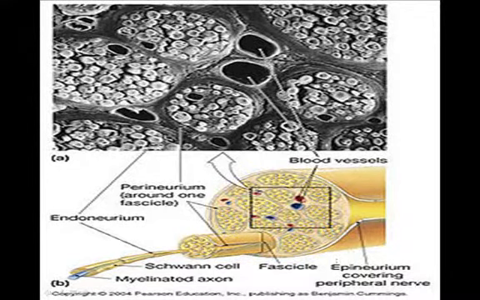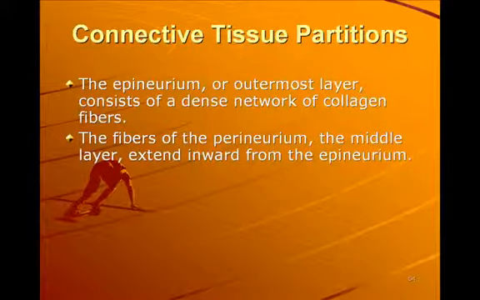The covering that covers all of the nerve bundles is referred to as the epineurium, and the epineurium covers peripheral nerves. Again, each individual bundle of nerves can also have a covering. These bundles of nerves are covered under a covering referred to as the perineurium, and then each individual nerve fiber has a covering as well. This is referred to as the endoneurium. You should be familiar with each of those terms: epineurium, perineurium, and endoneurium.